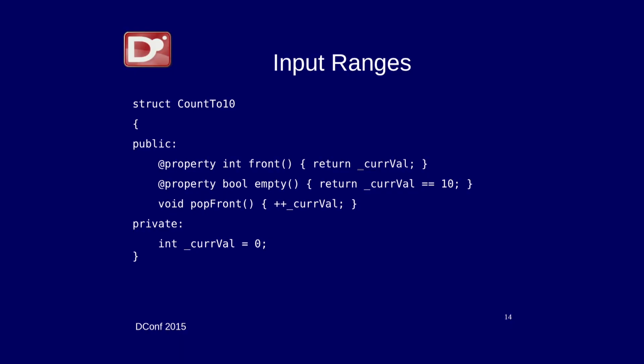So here's another example. It's also an input range, and it just counts to 10. Not terribly interesting. But as you iterate through, front goes from 0, 1, 2, 3, up to 9, and when it hits 10, it's empty. So if you were to iterate through this and print it out, you'd print out 0 through 9. And this has nothing to do with iterators, but it's following the same API.